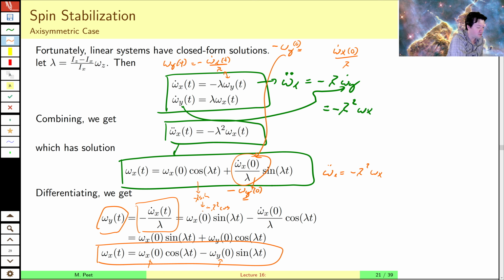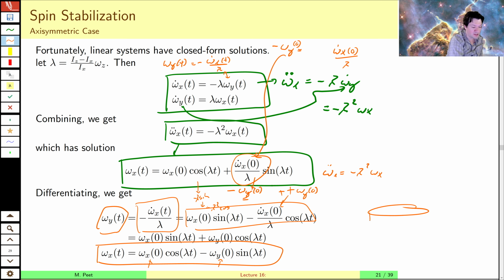We plug in for omega dot x, and simplify that out for negative omega y of 0. It becomes positive, and so we get an expression for omega y and an expression for omega x. So we have a closed form solution for both omega y and omega x.